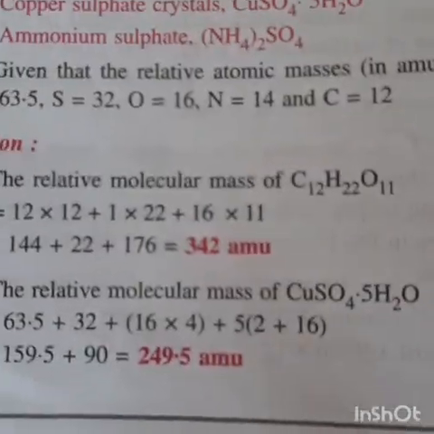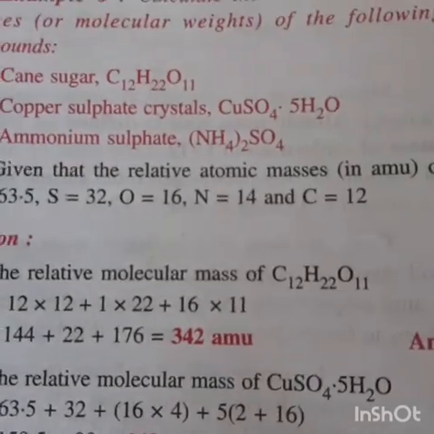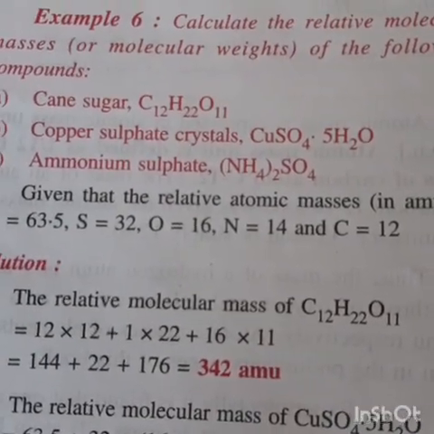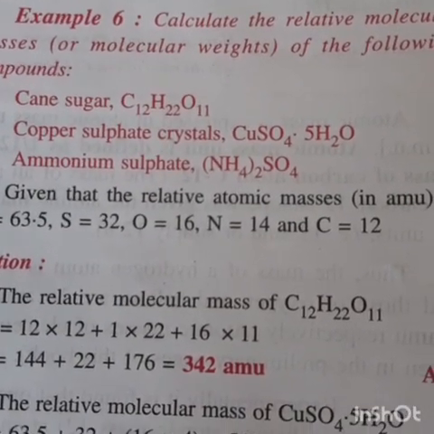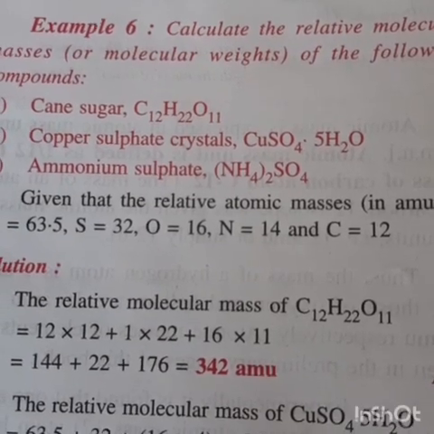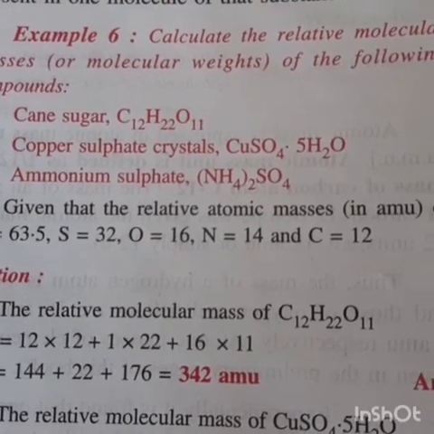Now how is it found out? We need the relative atomic masses also. In the case of cane sugar, the atomic mass of carbon is 12, that of hydrogen is 1, and that of oxygen is 16.